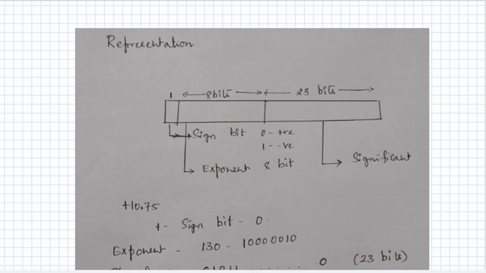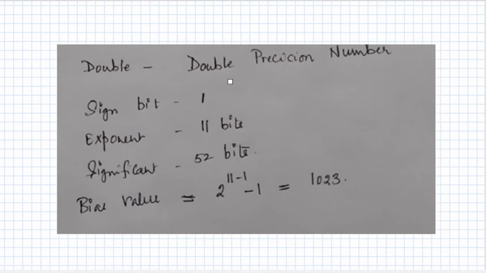Now what about double? A double is a double precision number, which extends your float by 4 more bytes. In this case, how many bits are reserved for the exponent and significant? Sign bit 1 bit, exponent 11 bits, significant 52 bits.